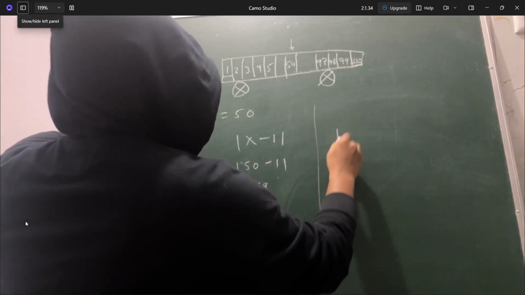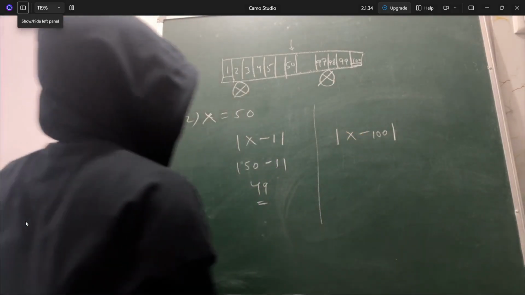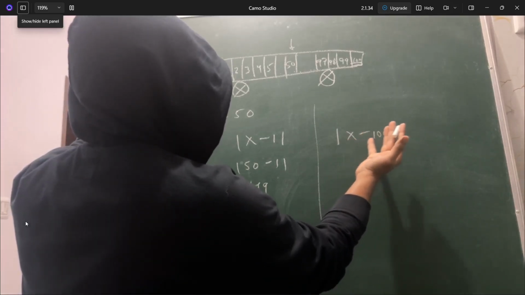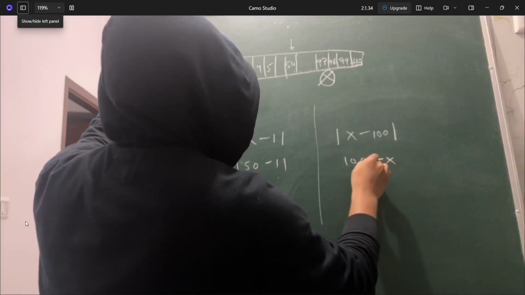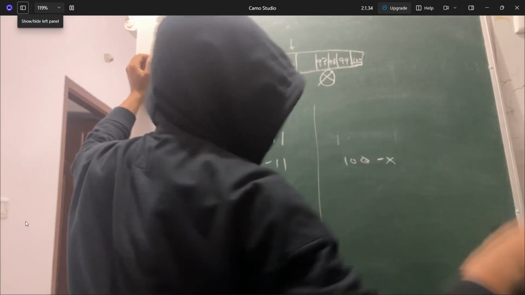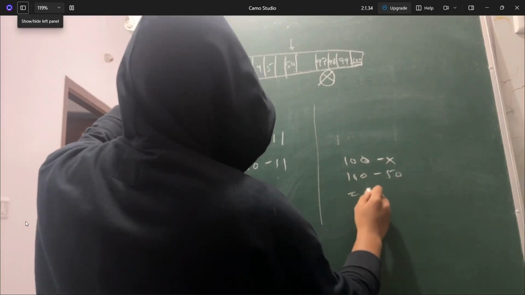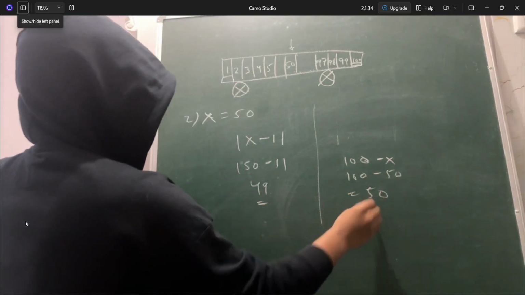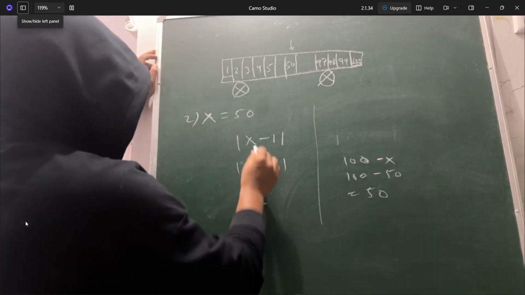Now for the other door, if you don't want to use modulus, you can do 100 minus x. This way it will always be a positive number. So 100 minus x is 50. Obviously 49 is smaller than 50, so he'll again choose the left exit, because it is x minus 1.